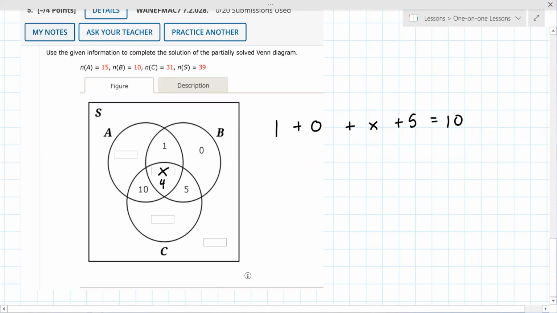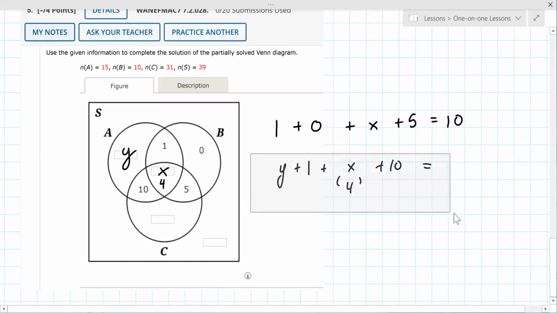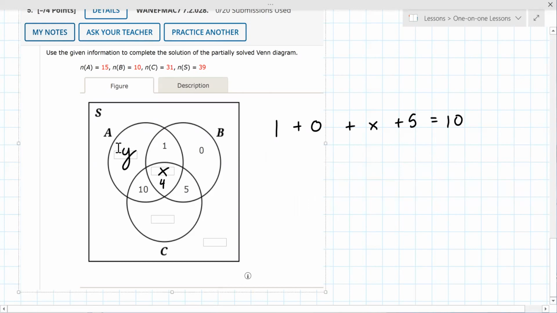Okay. Now we can go back and do A because I'll call that Y. Y plus 1 plus X, which is really 4, plus 10 equals 15. Wait, why is it 4? From the previous line here. So let me back up here, I guess. Okay.